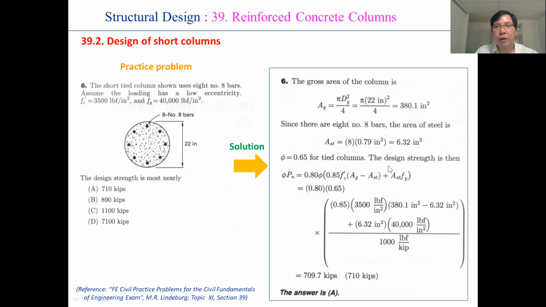And after, you can calculate the design strength by this equation, phi Pn. And after, you can find the final result, 709.7 kips. So you compare the final result with the options. You can see that the good answer is A.